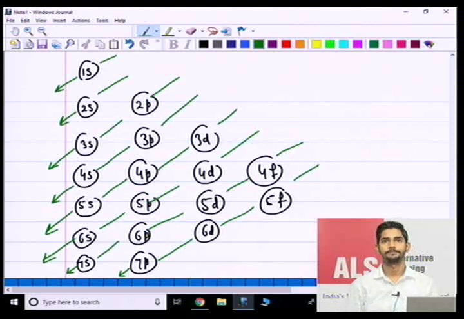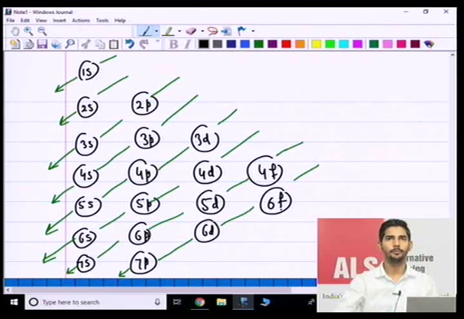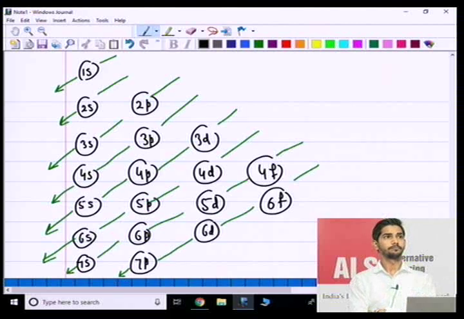First of all, copy this. Copy this first, and confirm to me after copying that. Copied.